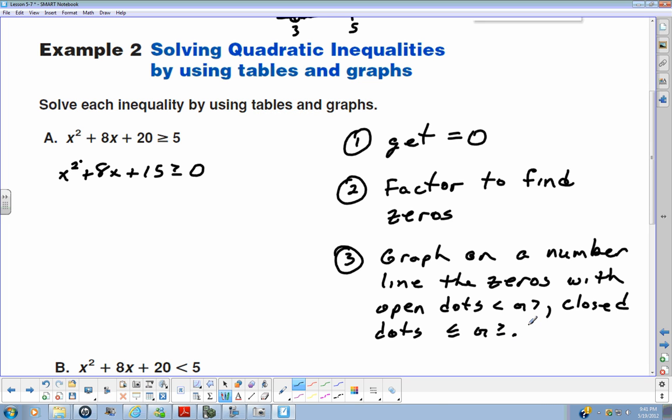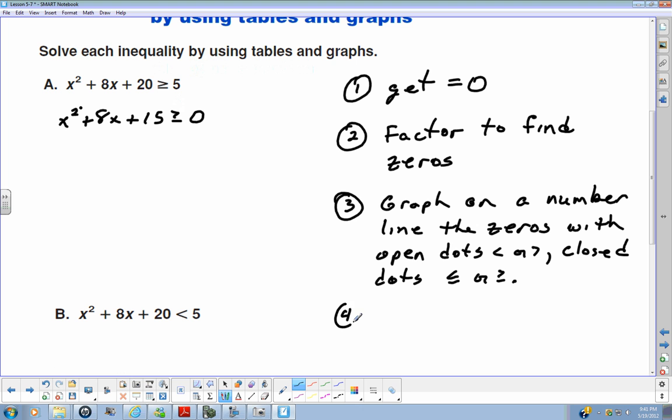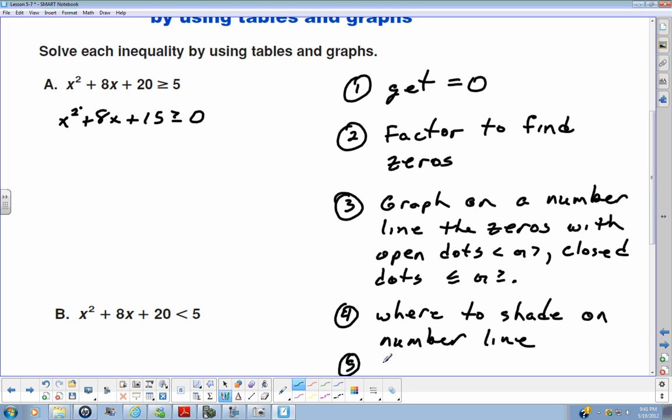And then the fourth step is we'll determine where to shade on the number line. And then lastly, we'll do our final answer, which will be in interval notation and a compound inequality. So let's go ahead here and we're going to do those 5 things.